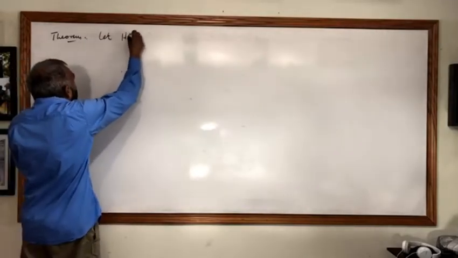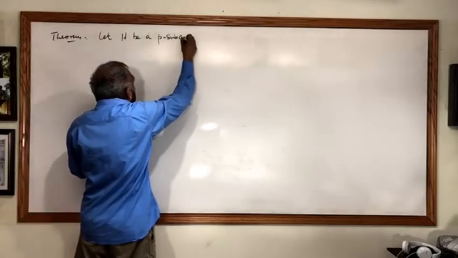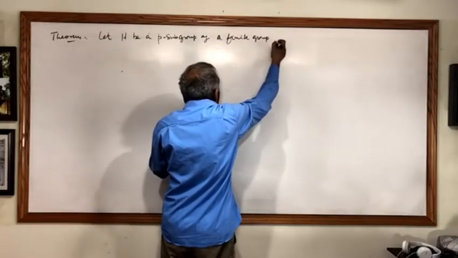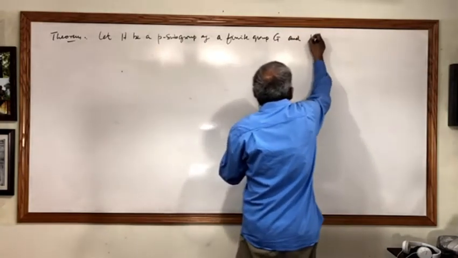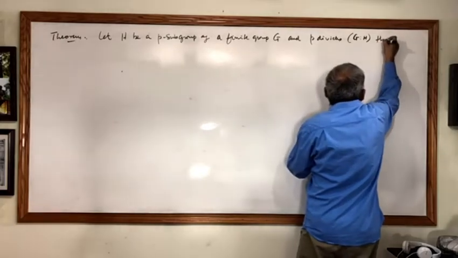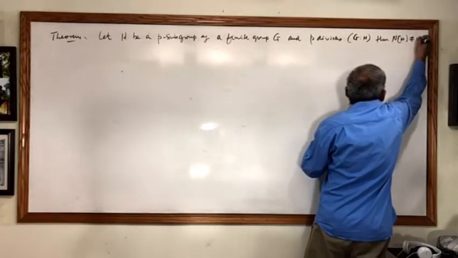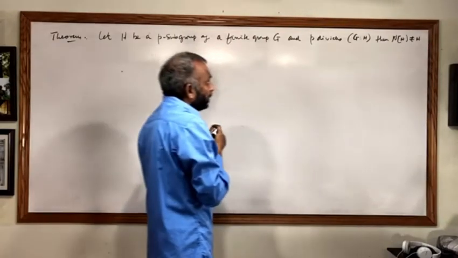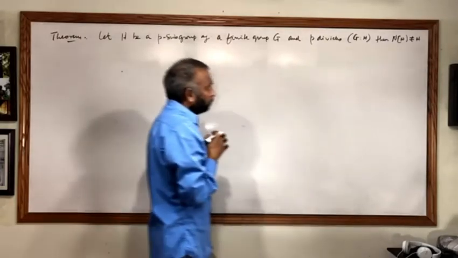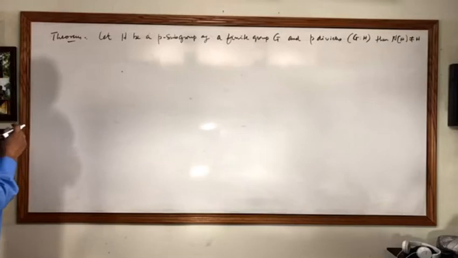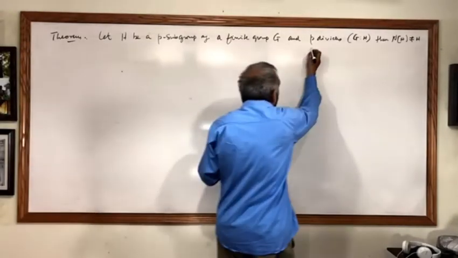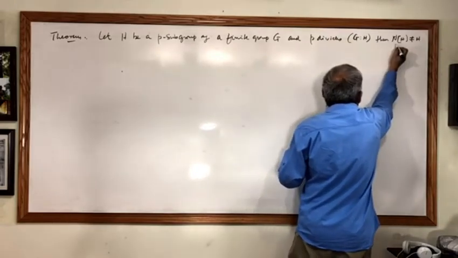Let H be a P-subgroup of a finite group G, and if P divides the index of H in G, then the normalizer is different from H, meaning there is a proper normalizer of H. This is a subgroup of G properly containing H. The proof is very simple, but the result is very powerful, because if P divides the index, then you are assuring that there is a normalizer that contains H.